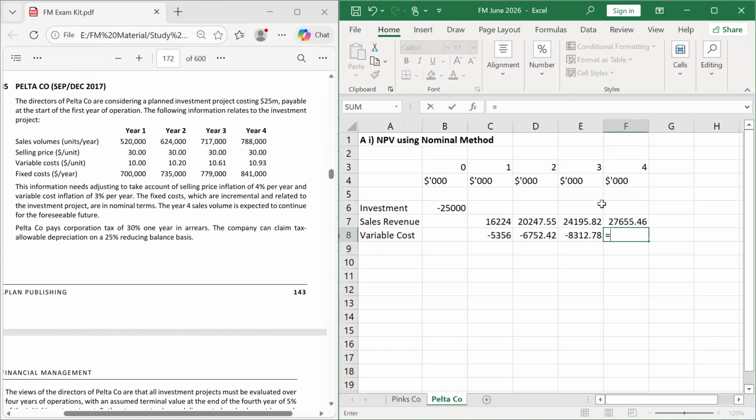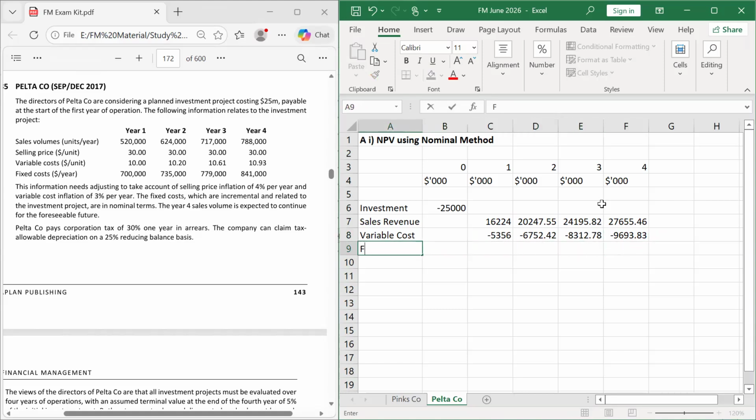And for year four, 788 times 10.93 times 1.03 power 4. So 10, 10.2, 10.61, with 1.03 power 2, 3, 4. Okay, so you got the variable cost.